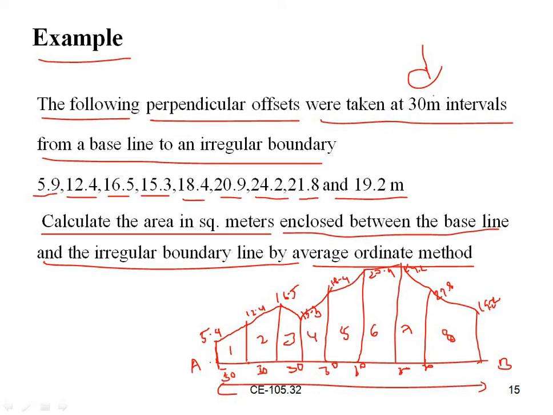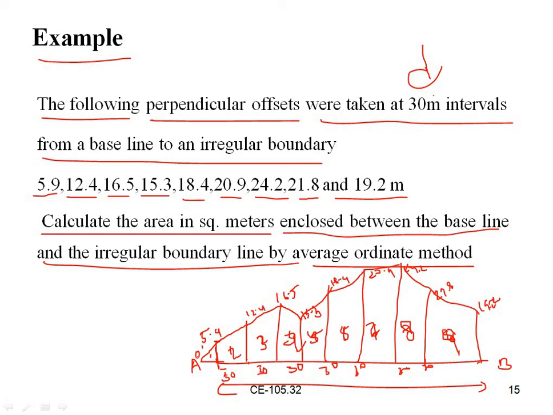So one we are missing here, it will be starting from 0. I forgot. So this is the 0 point. Okay, 0 to 5.9, so 1 here, 2 here, 3 here, 4 this one, 5 6 7 8 9. So now we have got the 9 offsets.